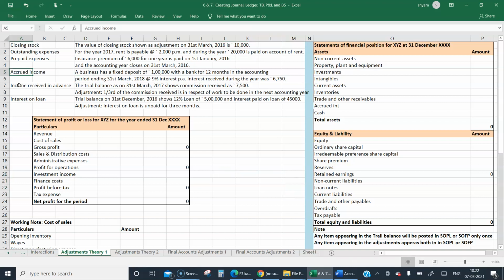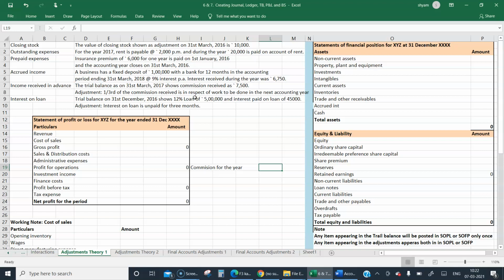So the next is income received in advance. They are receiving some kind of income beforehand itself. So we'll put that here. Commission for the year. This is what they have to show in the P&L. Any commission that is only for this year, they have to show. So what is the total commission?